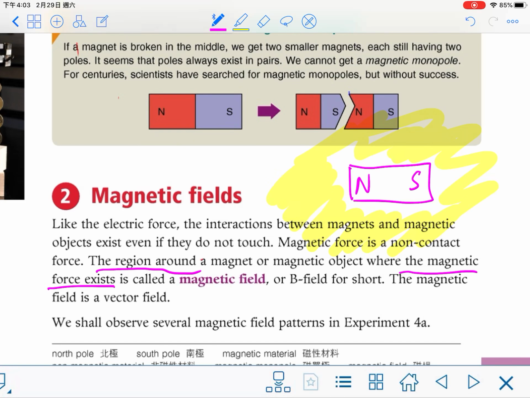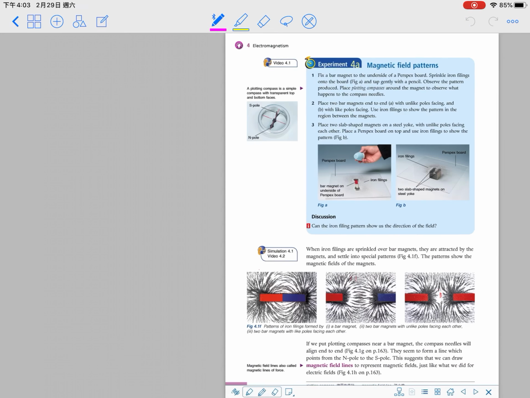In physics, we use the B field to represent the magnetic field. B field. We do not use M field.